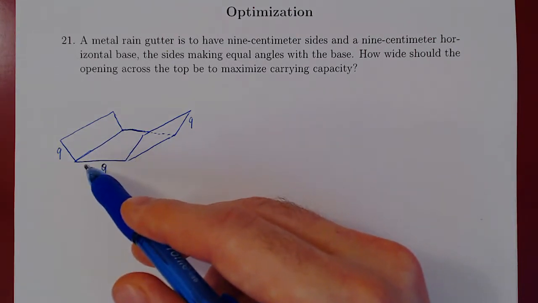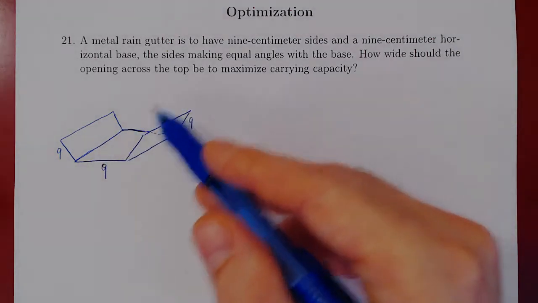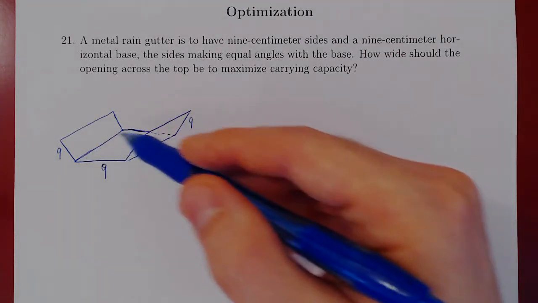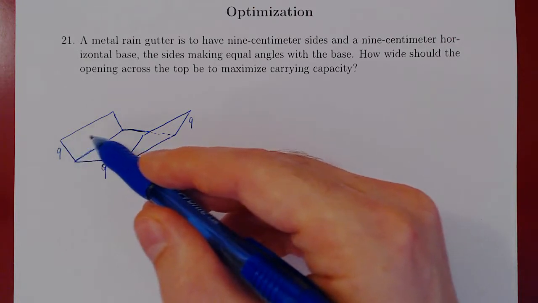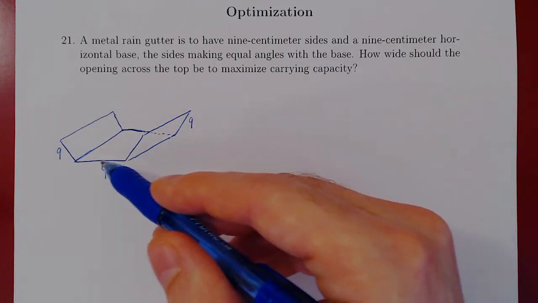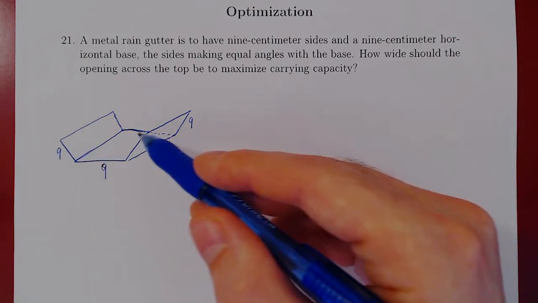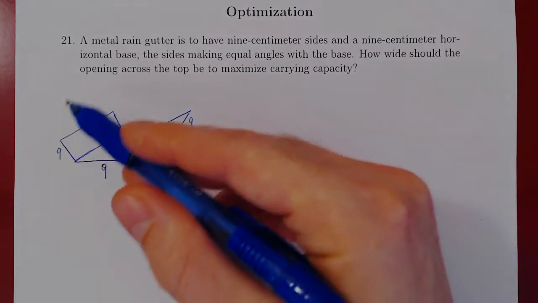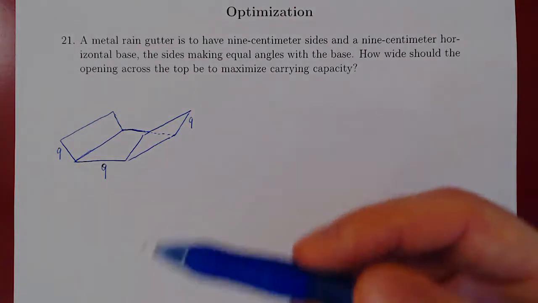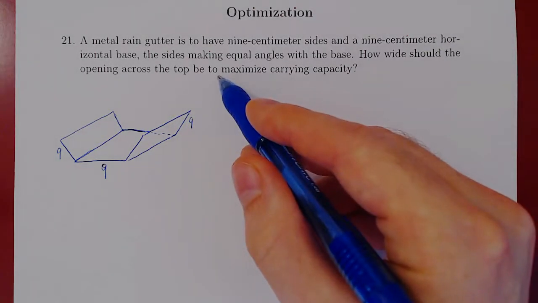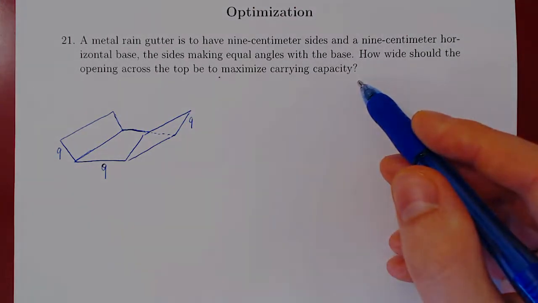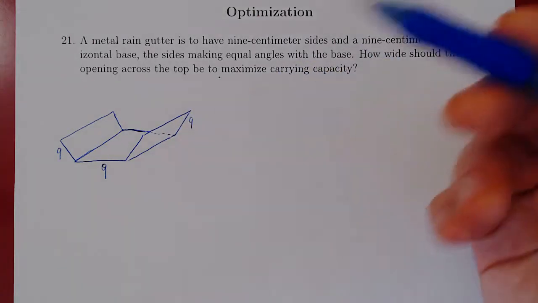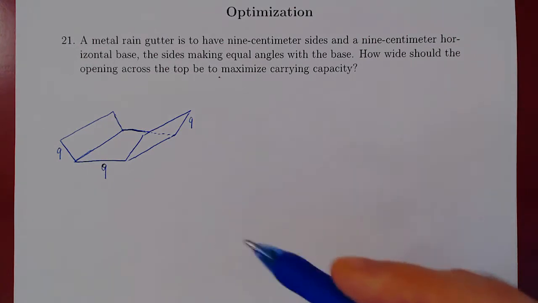Well, how do you measure the flow of water? If you think of it, this is the area of a cross section of our gutter. If you look at this, you have a trapezoid, and if you maximize the area of this trapezoid, you will maximize the area of the cross section of the rain gutter, and by the same token, you will maximize carrying capacity, the volume of water that can flow through your gutter per a fixed amount of time.